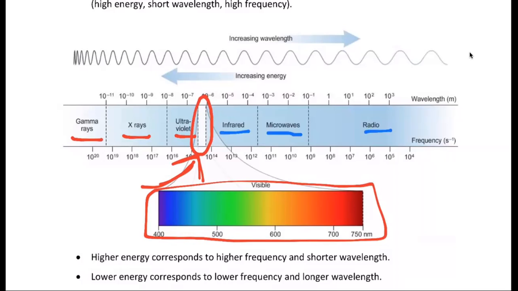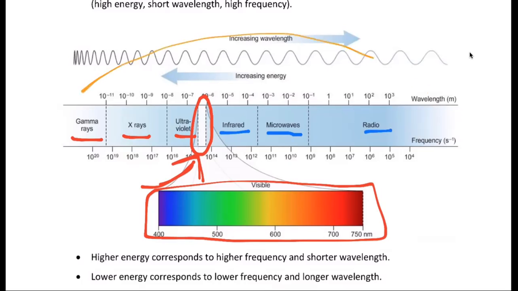Now, what you need to be aware of on here is where the wavelength is increasing, where the energy is increasing, and where the frequency is increasing or decreasing, either way. I don't want you to say it increases going to the left or the right, or it decreases going to the left or the right. The reason I don't want you to use left and right is because the chart might not look like this. They could reverse it.